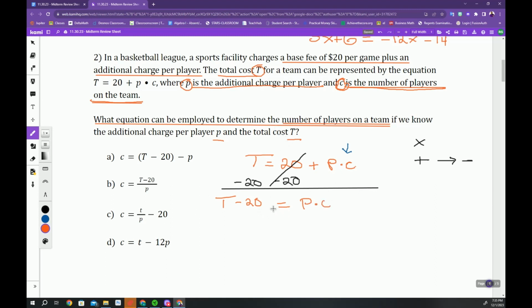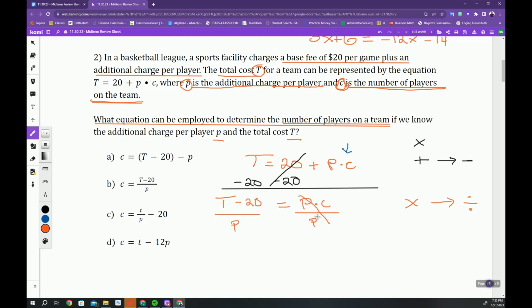Now, we don't have any more addition. We just have multiplication. So to do the inverse of multiplication, we are going to divide. We want to get C by itself, so we want to divide that P out of this equation. You divide P to this side, you must do it to the other side.